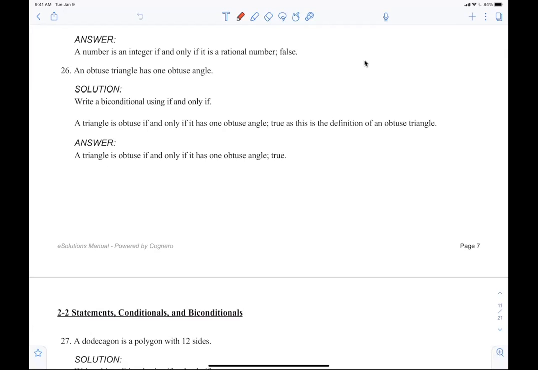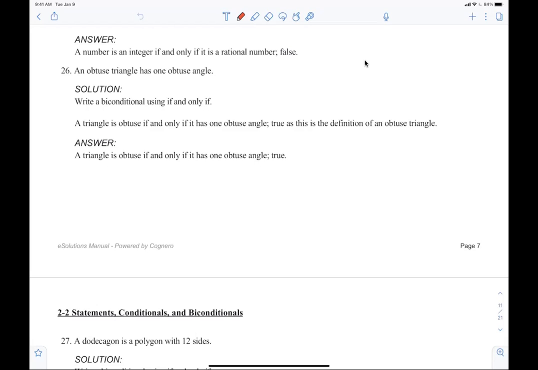A triangle is obtuse, or an obtuse triangle has one obtuse angle. So if you write the converse, it would say if a triangle has an obtuse angle, then it's an obtuse triangle.